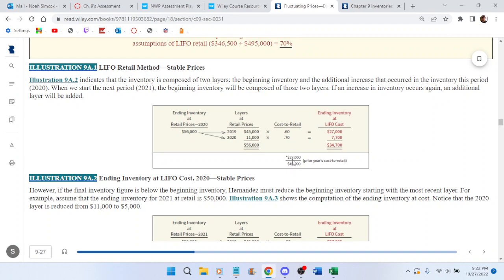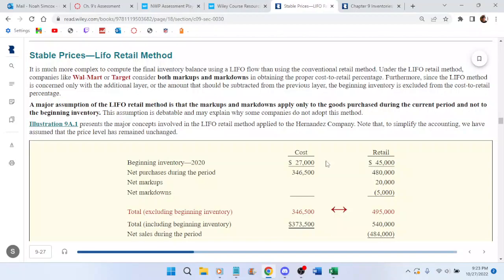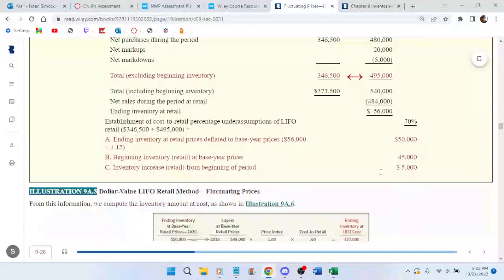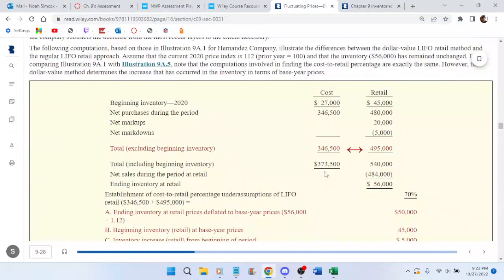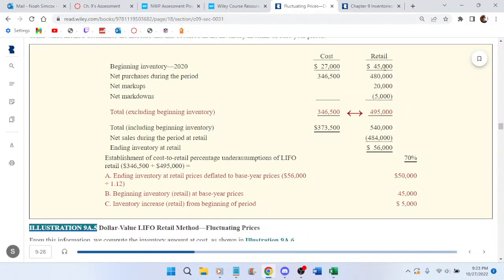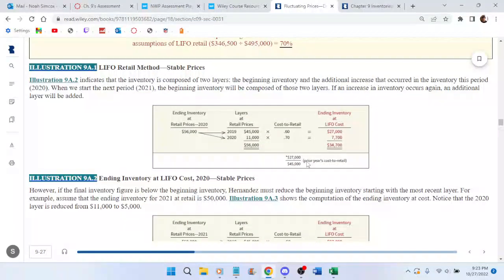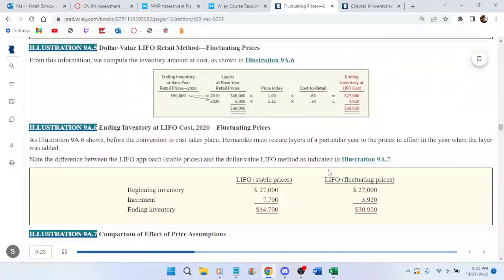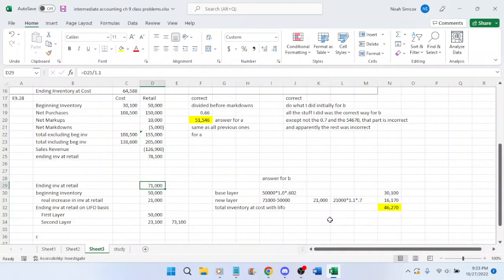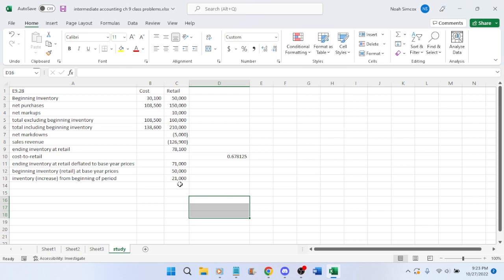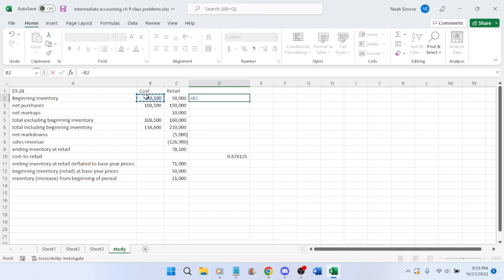They have the beginning divided by this. Okay, so for this one, let's see here. 27,000 divided by 45,000. Yeah, they used the same numbers before. I'm just going to have this divided by this equals this.